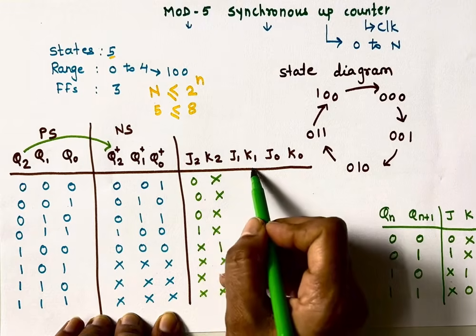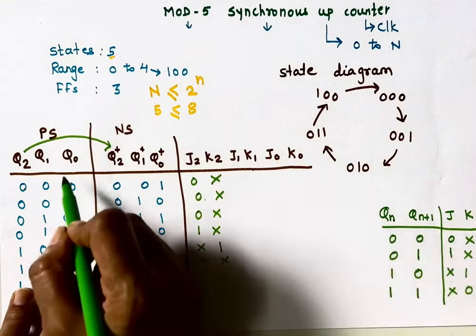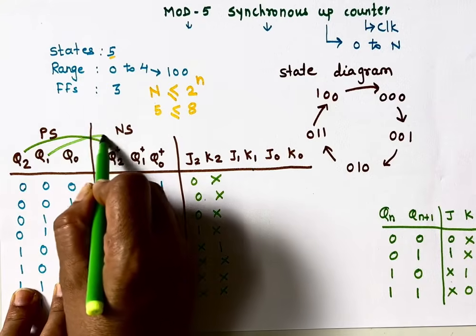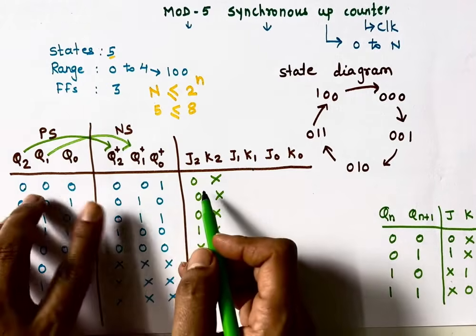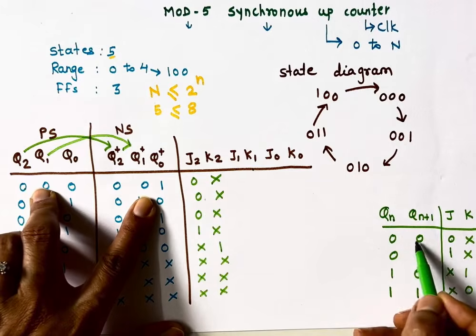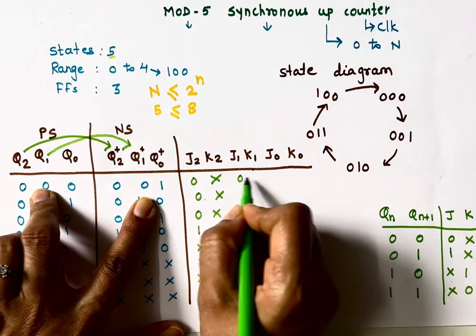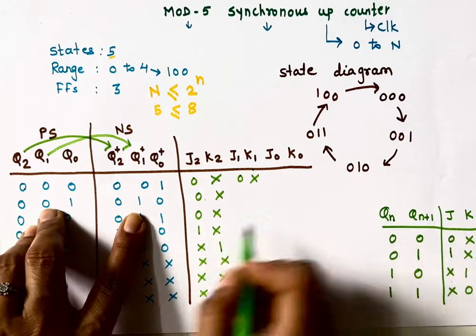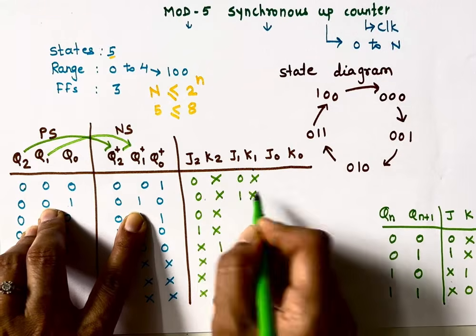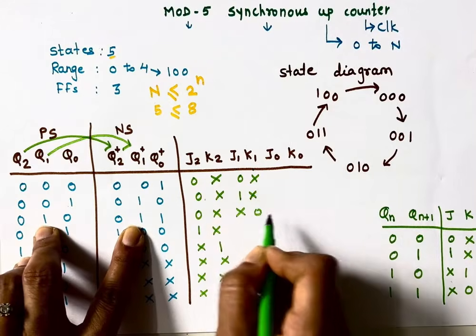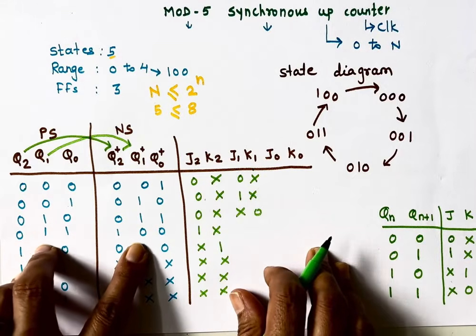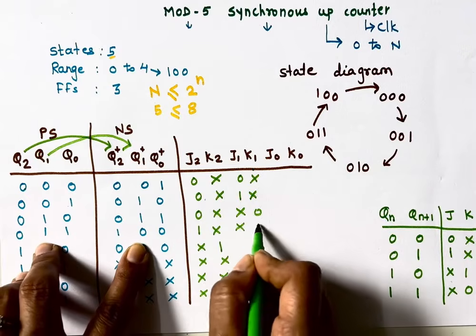For J1 and K1, what do we need to compare? We need to compare our Q1 with Q1 plus. So here 0 0, so for 0 0 it is 0 don't care. 0 1 is 1 don't care. 1 1 is don't care 0. 1 0 is don't care 1.